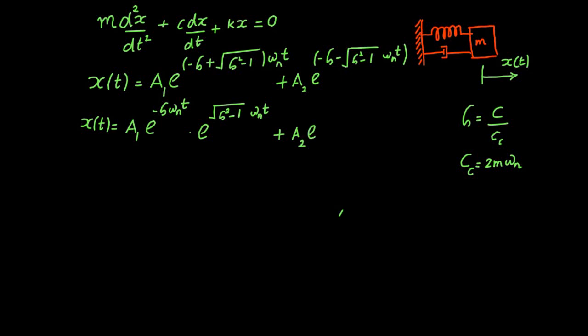That can be written as e power a into e power minus b. Okay, it is e power minus psi or eta into omega n into t into e power minus square root of eta square minus 1 into omega n into t. That's right.